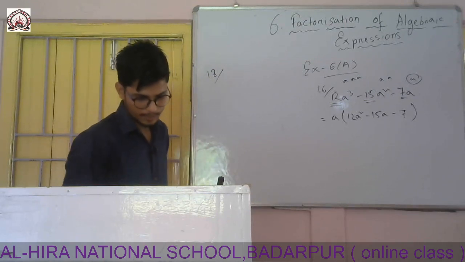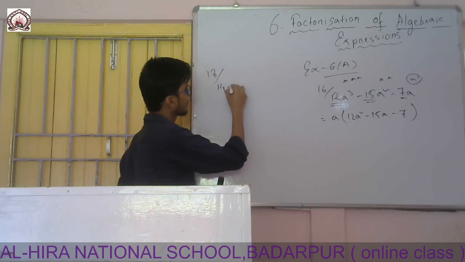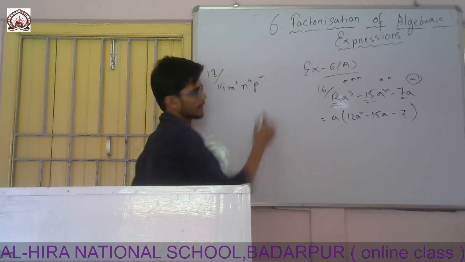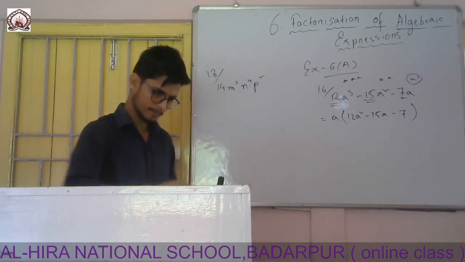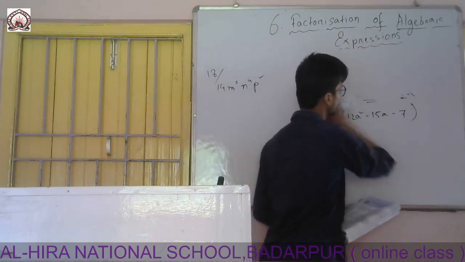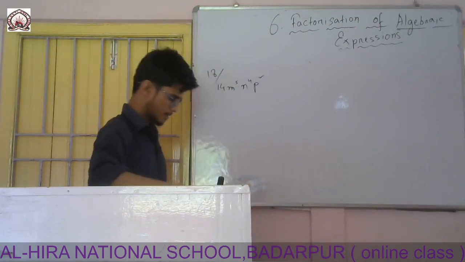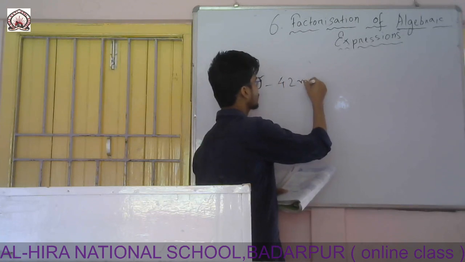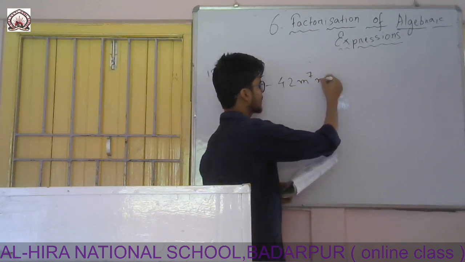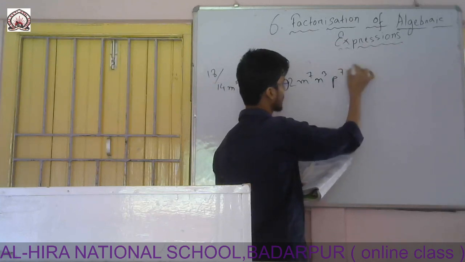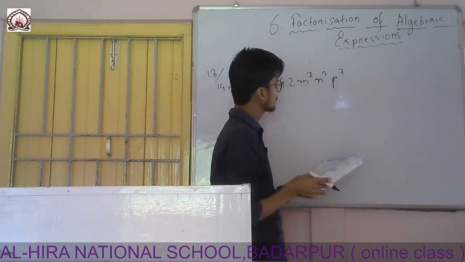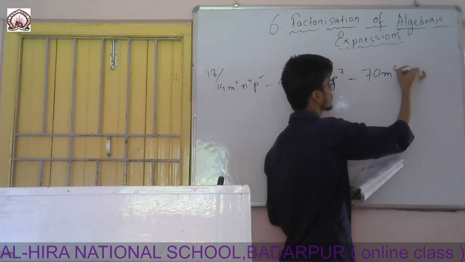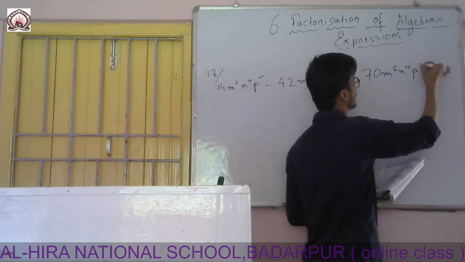So the question is 14 m to the power 5 n to the power 4 p square minus 42 m to the power 7 n cube p to the power 7 minus 70 m to the power 6 n to the power 4 and p cube.